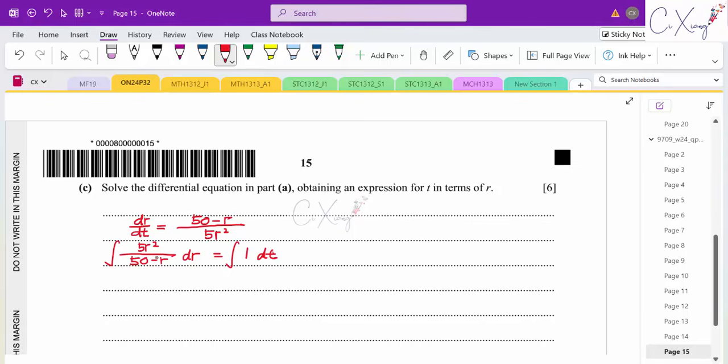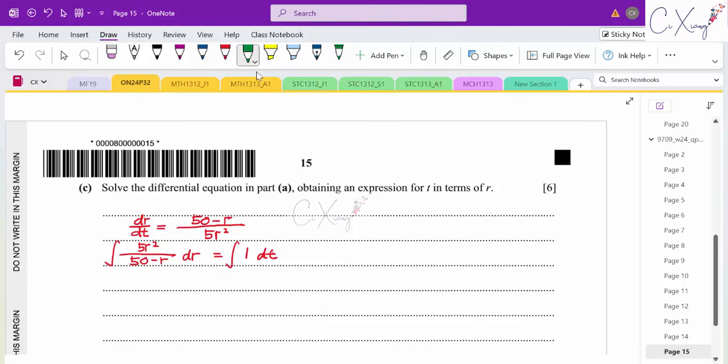In part B, we figured out the quotient and remainder when taking 5r squared divided by 50 minus r. So how can I write out the expression in the polynomial formula form?